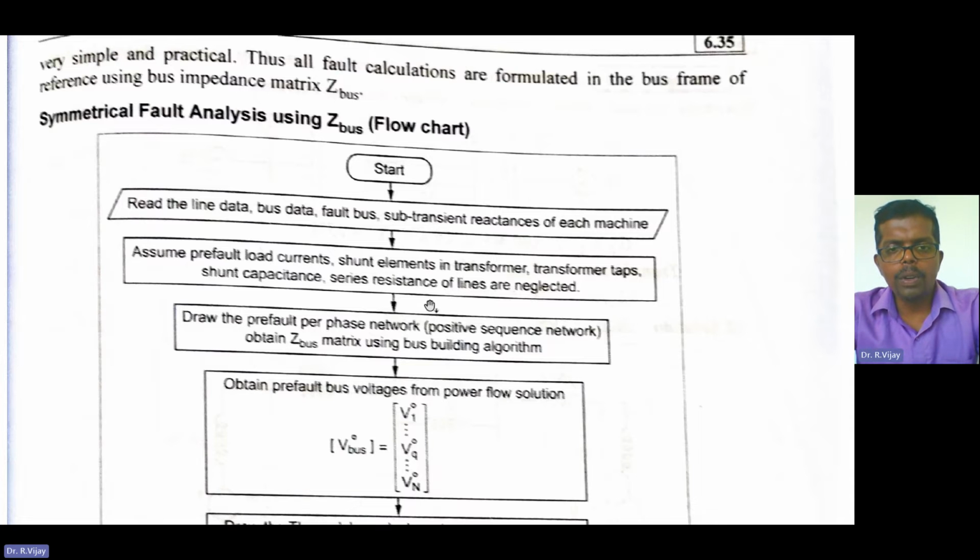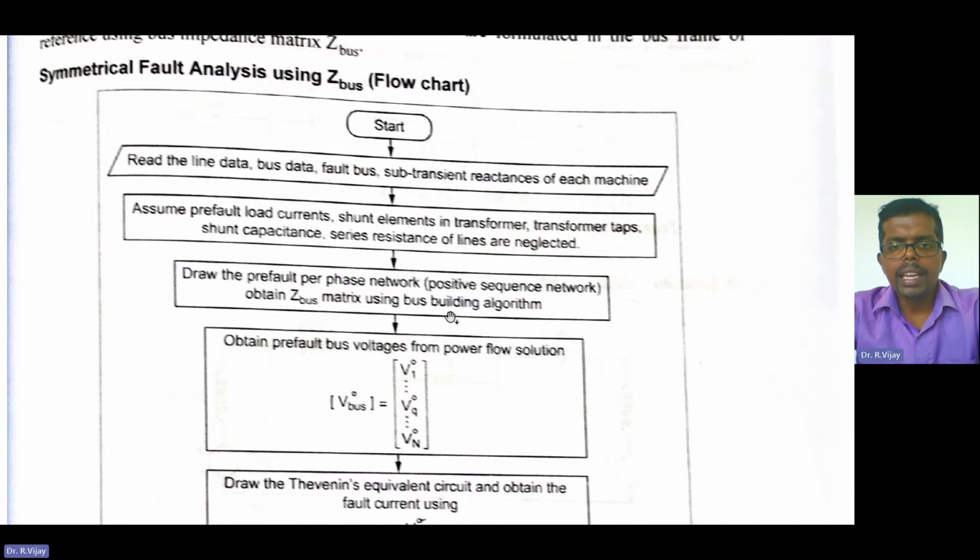Assume the pre-fault load currents; the shunt elements in the transformer, transformer taps, shunt capacitance in the lines, and series resistance in the lines are to be neglected. Even if they are mentioned, we need to make them 0. That is, all should be neglected.